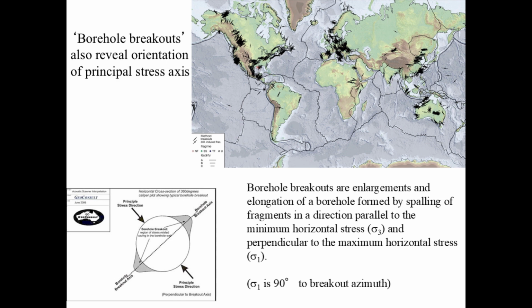So here's borehole breakouts on either side. This would be the minimum, this would be sigma 3. So that means sigma 1, which is always perpendicular to sigma 3, would be oriented like that. So these are borehole orientations of borehole breakouts, and they can be used to understand the orientation of the principal stress axis in the crust.